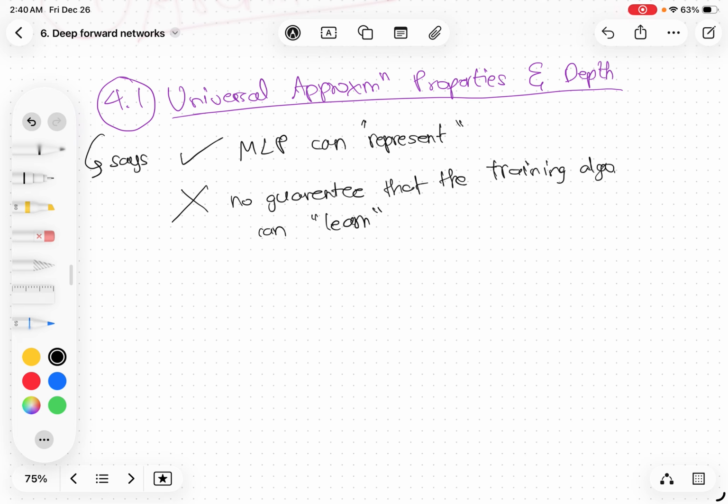First, the optimization algorithm used for training may not be able to find the values of the parameters that correspond to the desired function. Second, recall the no free lunch theorem that I have been saying quite a lot. There's no one thing that can do everything. So all it guarantees is that your MLP can represent it. It doesn't guarantee your algorithm will be able to learn it.